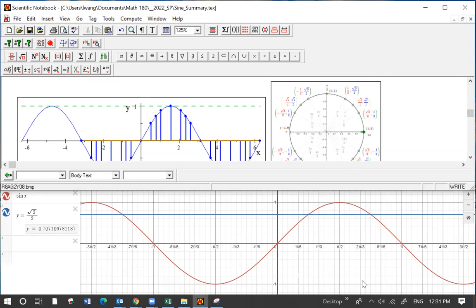When I draw this horizontal line, and the line is root 2 over 2, that means the outputs are root 2 over 2. So what are these points? Root 2 over 2, you can find it here on this number, and another root 2 over 2.